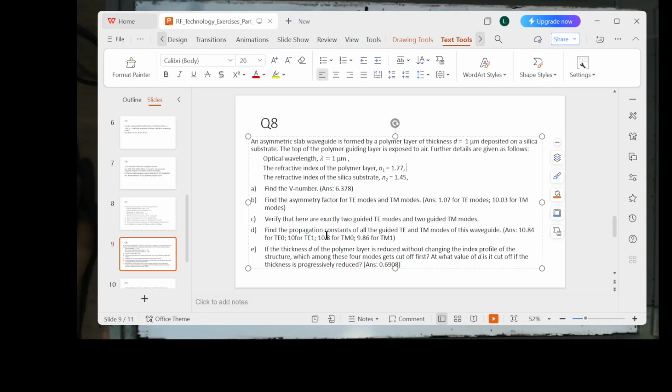And we are going to find the propagation constant for all the guided TE modes and TM modes, and whether the thickness of the dielectric waveguide can be reduced without changing the index profile of the structure.